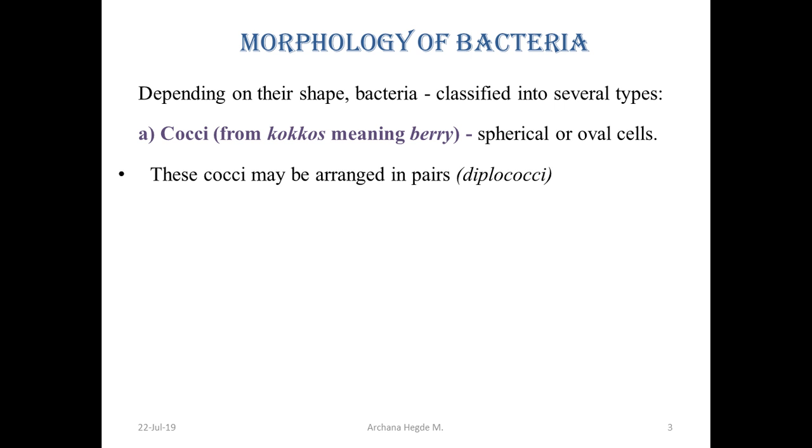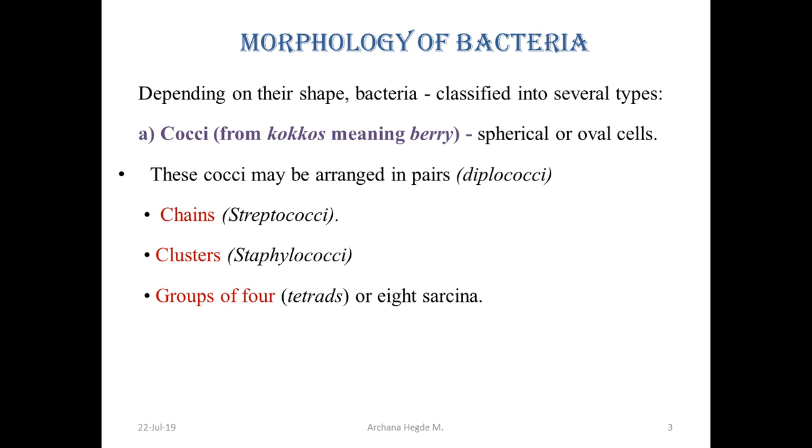Some of the cocci are called diplococci, which are pairs. Chains are streptococci, which are arranged in chain formation, and some are in clusters, for example staphylococci. Some are in groups of 4 called tetrads, or 8, round shaped bacterium called Sarcina.